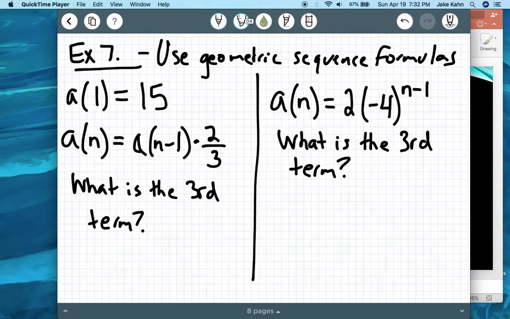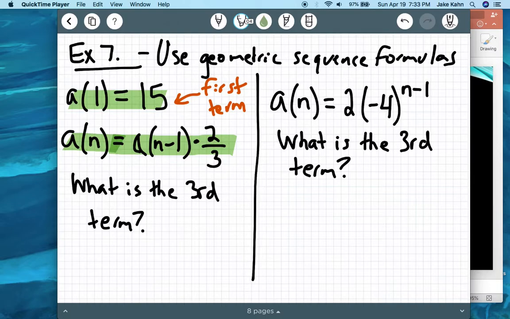The first equation reads a of 1 equals 15, meaning the first term is equal to 15. The second equation reads a of n is equal to a of n minus 1 times 2/3. That means that a term is equal to the previous term times 2/3.